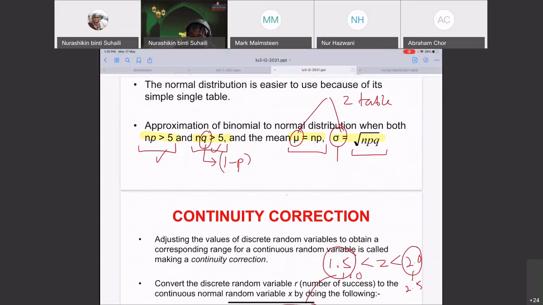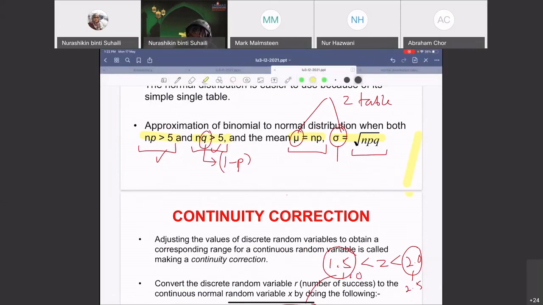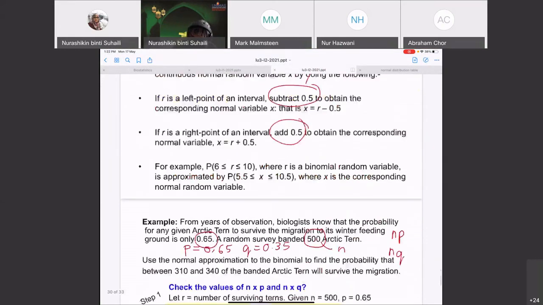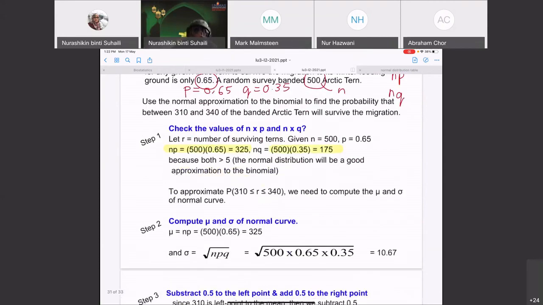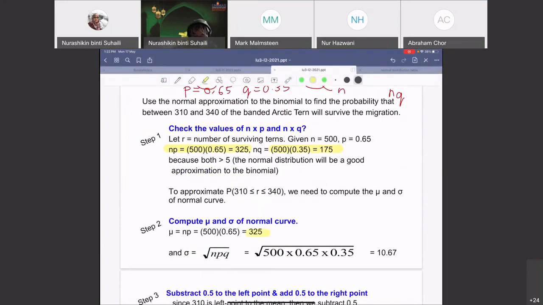We solve for that: np is equal to 325, and sigma, the square root of npq, is 10.67. So that's the mu and sigma value. Now we can solve for the z value. Don't forget to convert the values 310 and 340 to z values.